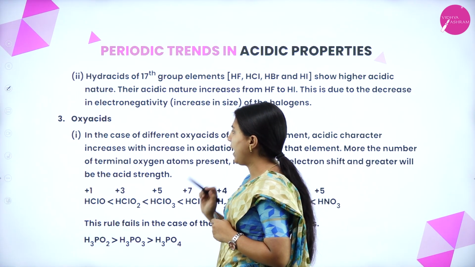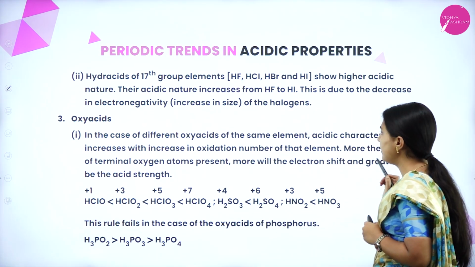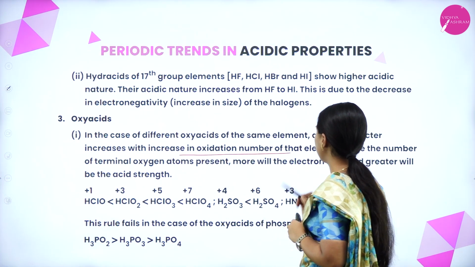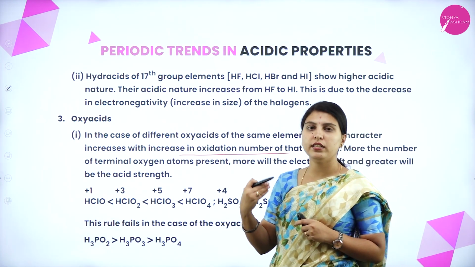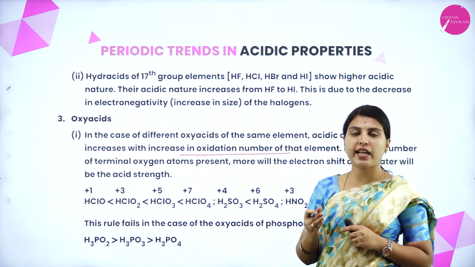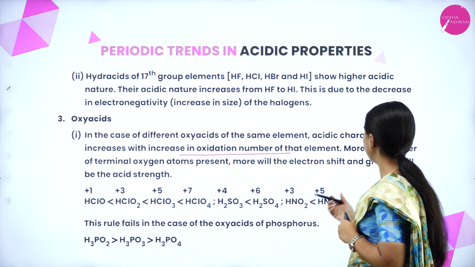Next, oxy acids. In the case of different oxy acids of the same element, acidic character increases with increase in oxidation number. Whenever the oxidation number increases, the acidic character also increases, because loss of protons keeps on moving on.